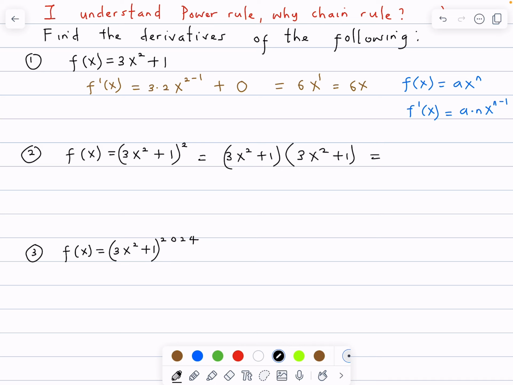If you simplify this, if you FOIL, if you multiply everything out, you're going to get 9x to the power of 4 plus 6x squared plus 1.